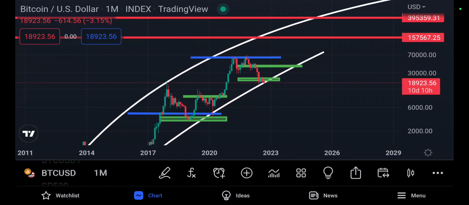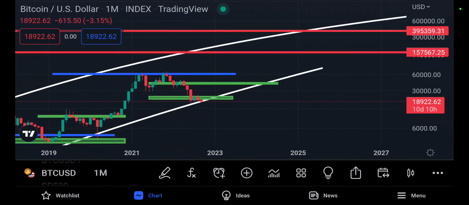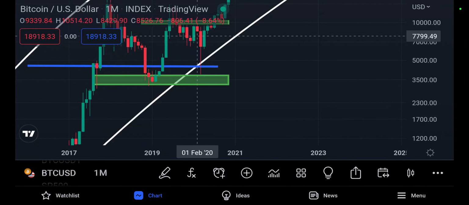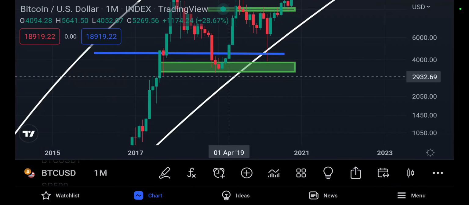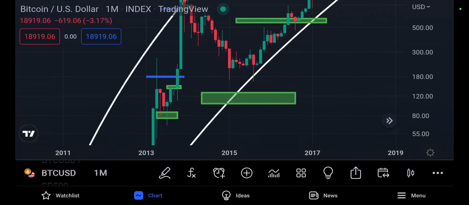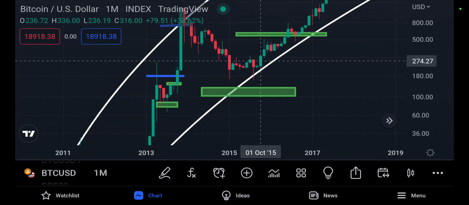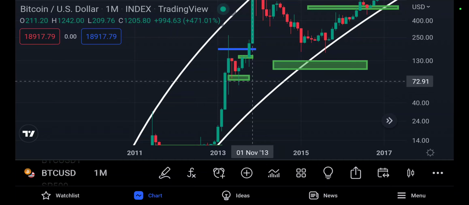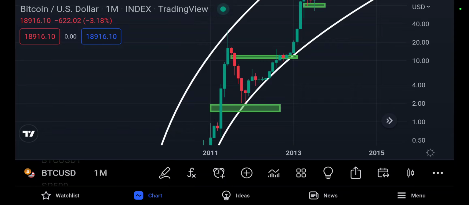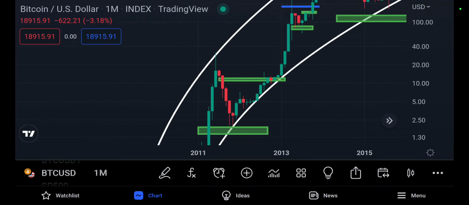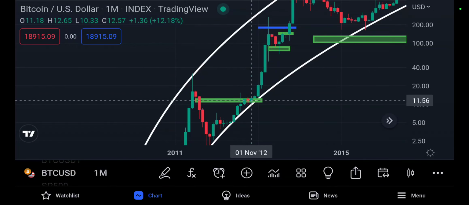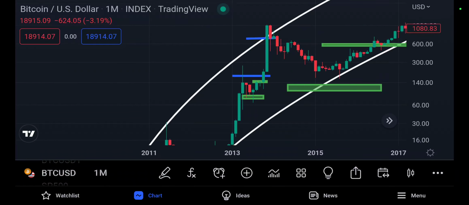And once again, even though we're currently underneath the 0.618 Fibonacci, we were underneath it around here, slightly under here, we didn't even touch it over here, slightly under here because we wicked, we didn't touch it right here, and we were underneath it this period entirely until we blast off and hit the top white trend line.